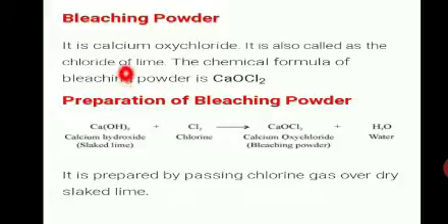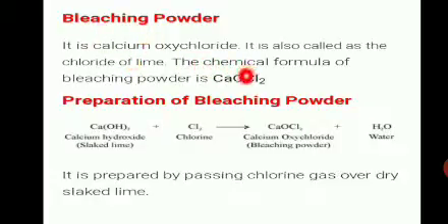So either you can write calcium oxychloride or bleaching powder or chloride of lime. In the examination they can ask in any names. If they ask, write the formula of chloride of lime, it is bleaching powder.